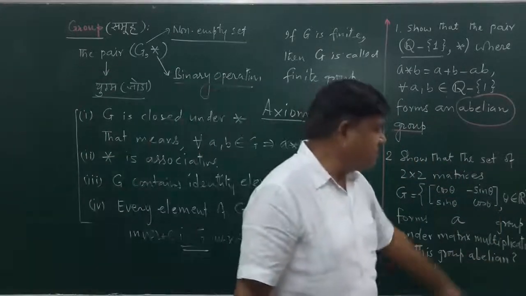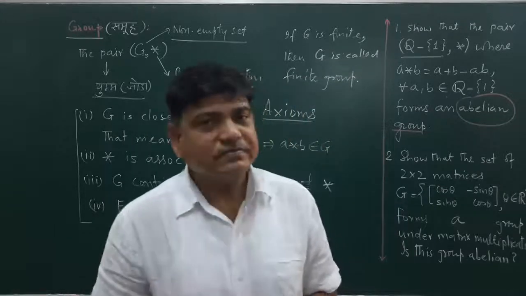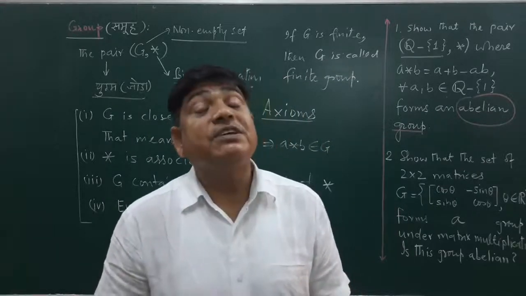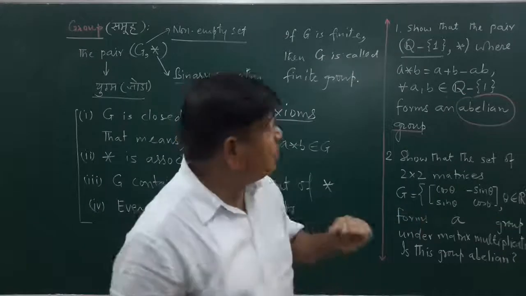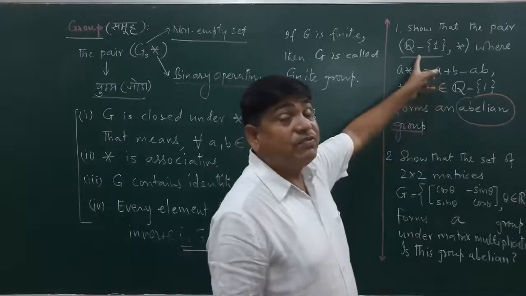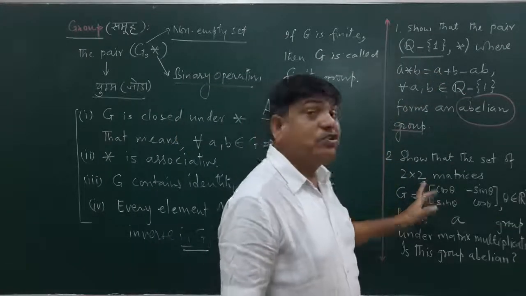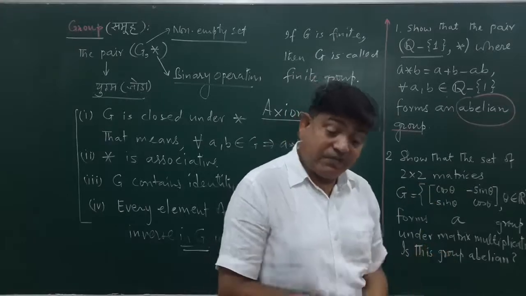Is this group abelian? क्या ये क्रम विनिमेय समूह है या नहीं? दोनों केस में देखना है. This set is infinite, this set is also infinite, it is not a finite set.